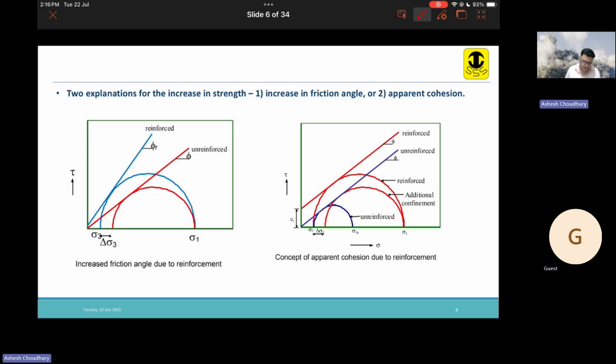This red plot here is the Mohr circle for the unreinforced case, where phi is that of the unreinforced soil. Say our soil strength is increasing.